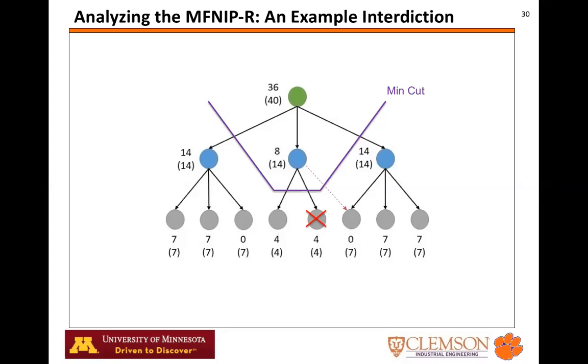And so, re-updating what the flows would look like, instead of flowing only 8 through the center blue node, we end up flowing 11 through the center blue node, because essentially you've connected it to a node that has a capacity of 7 for the flow.